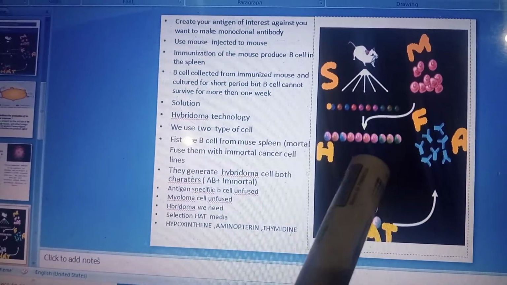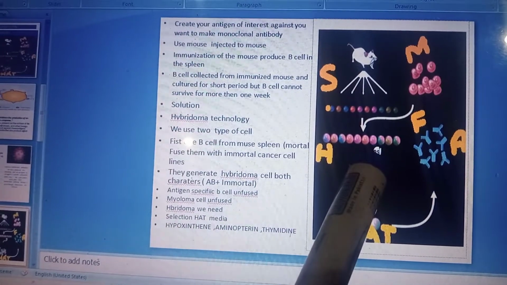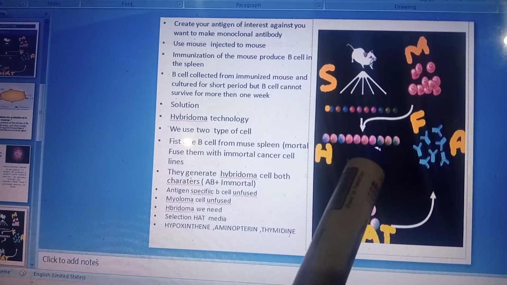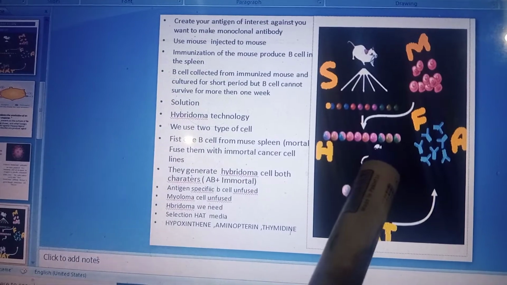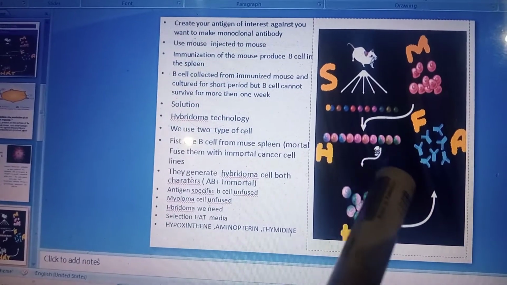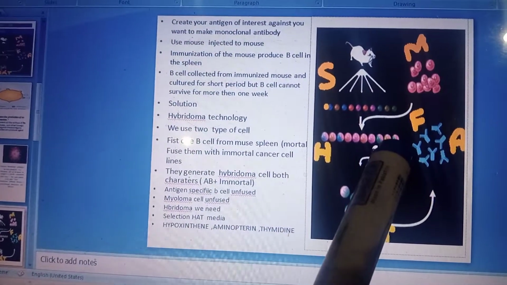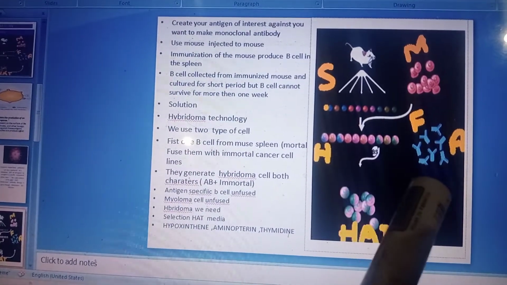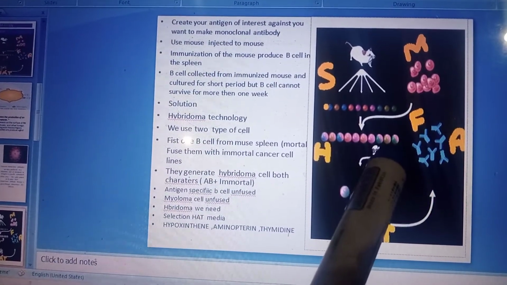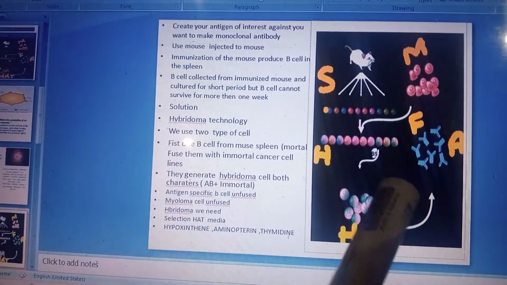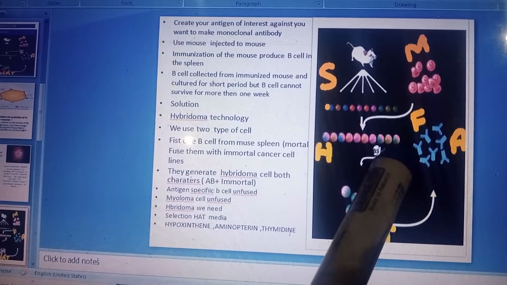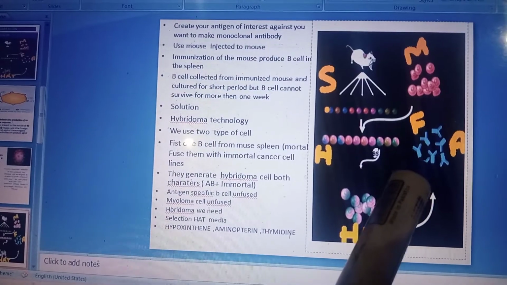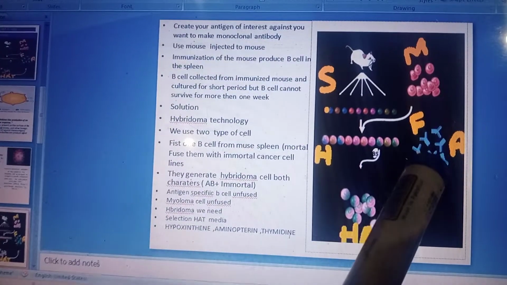Now these hybridoma cells have the ability to produce antibody, and they are also immortal, not for a specific time. Now this culture contains different types of cells. It contains myeloma cells that may not have fused, and it also contains hybridoma cells, which are our choice.